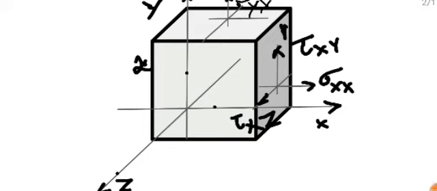Next, this one is shear stress only, tau. It is acting in a plane whose normal is along y, and it is acting in direction z.